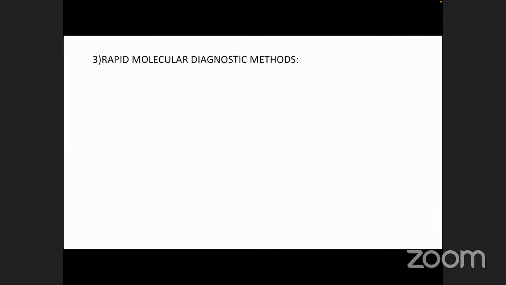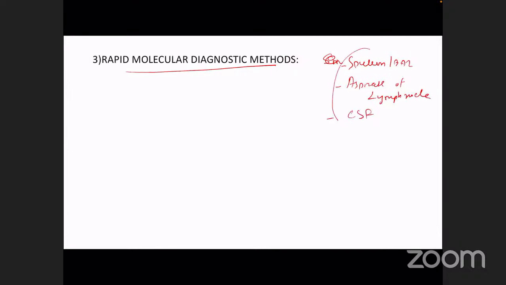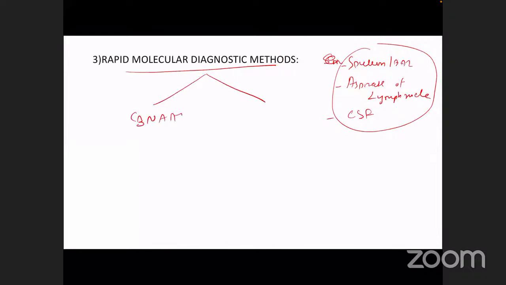And the rapid diagnostic methods which have been approved for use for diagnosis, I just told you we can use only for sputum samples or BAL. We can use it for aspirate of fluid, lymph node usually, and third is CSF. These three are the samples in which we can perform this, and two tests are currently available and routinely used. One is CBNAAT, that is the GeneXpert. Second, you have TrueNat.